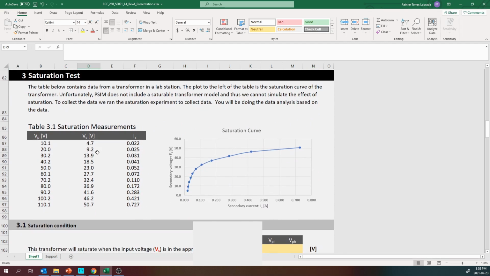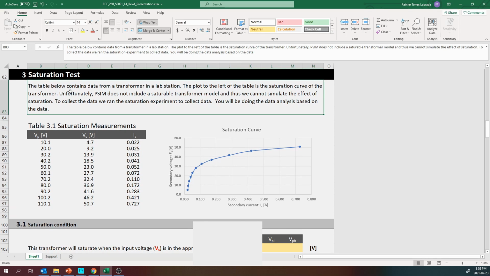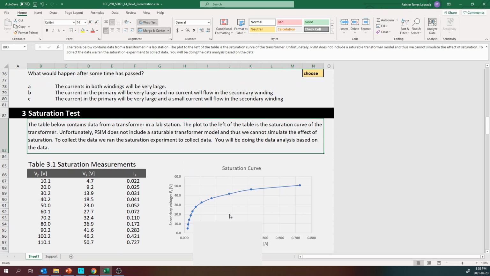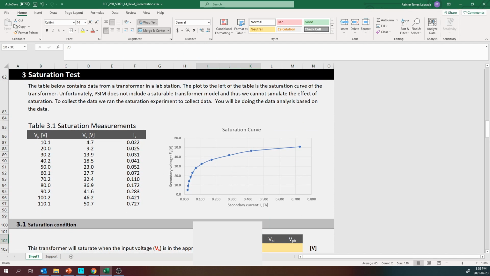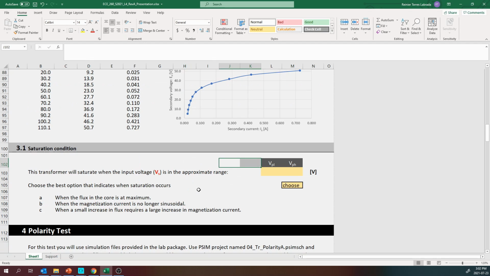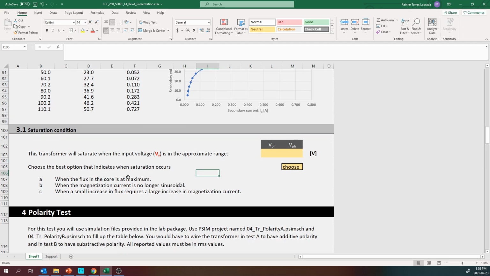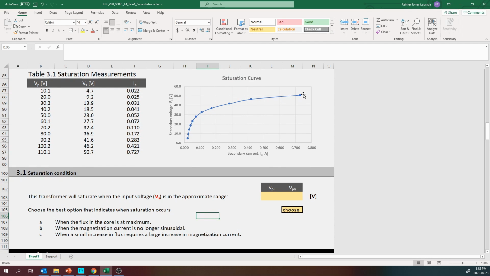Now, the saturation test. This is the first test where we can't use PSIM to do the simulation, and the reason is very simple. We can't saturate the transformer in PSIM. So we're giving you the measurements and the plot of saturation, and what we want you to do is find for what values the transformer starts to become saturated.